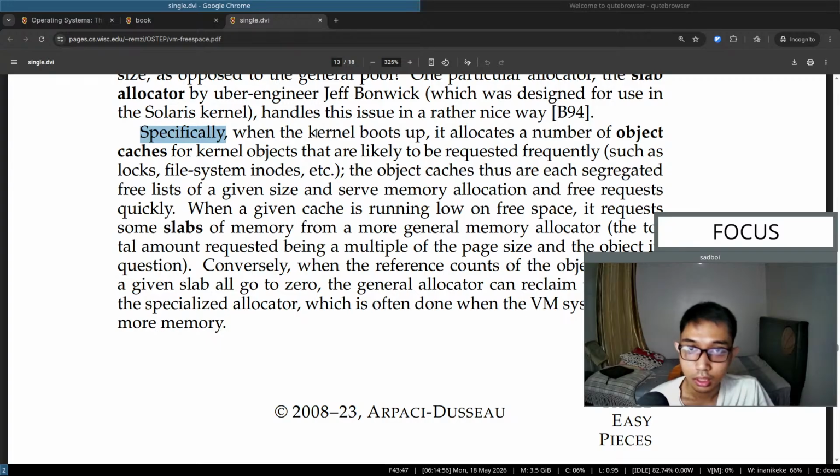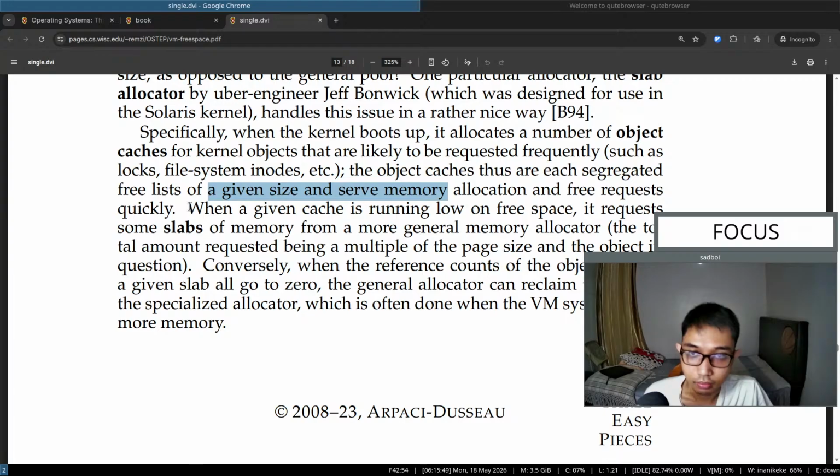Specifically, when the kernel boots up, it allocates a number of object caches for kernel objects that are likely to be requested frequently, such as locks, file system inodes, etc. Okay, so there is a cache for the kernel objects.